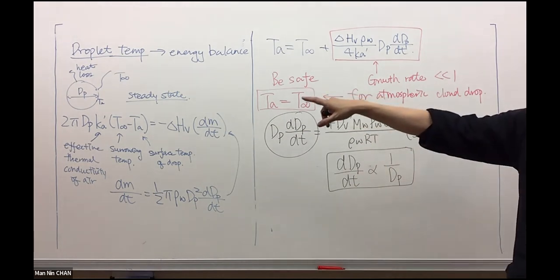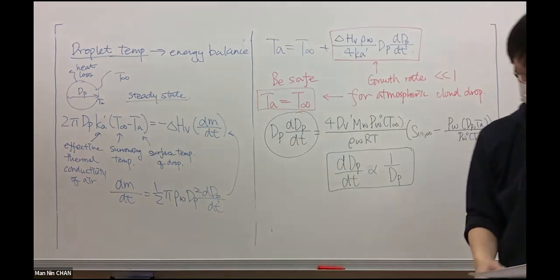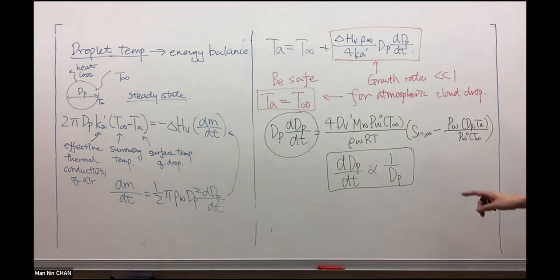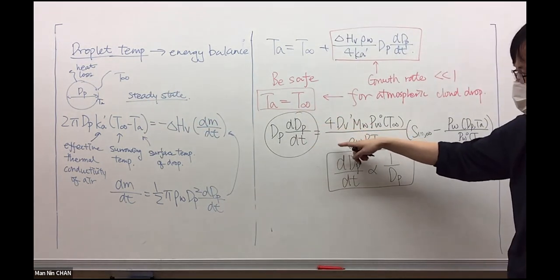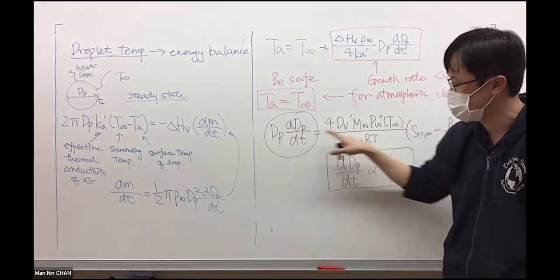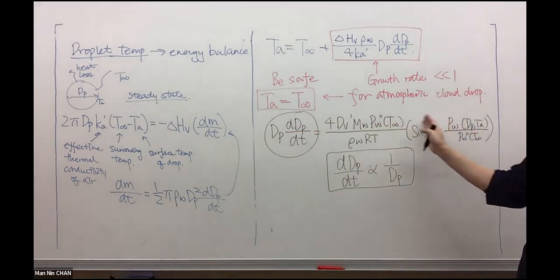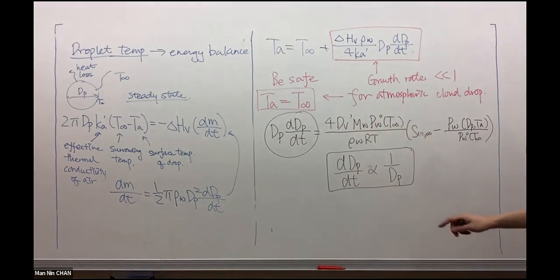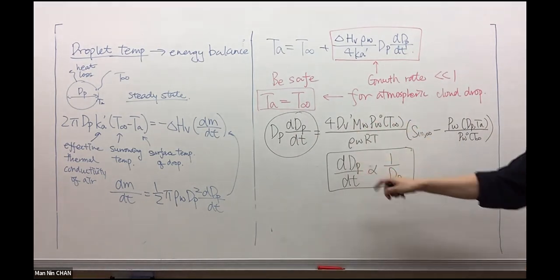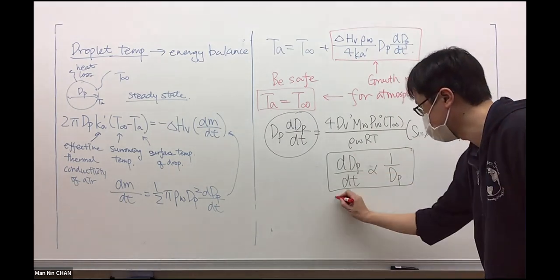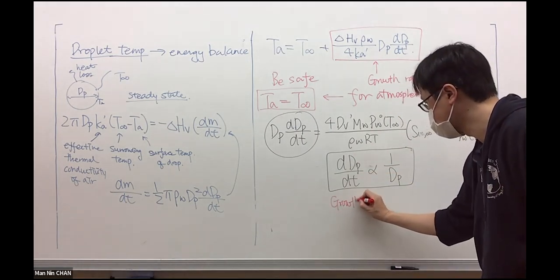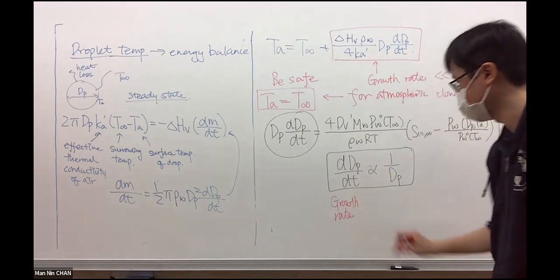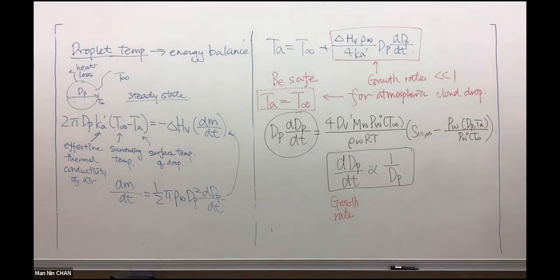Remember, dp is the diameter of your droplet. If you put the dp on your right-hand side, you also find the rest is more or less a constant. So you can find that the growth rate will be inversely proportional to the diameter.